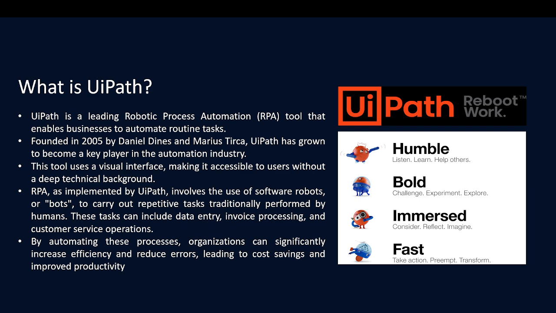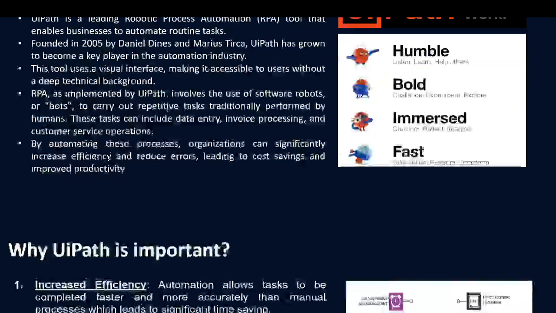This RPA carries out repetitive tasks traditionally performed by humans. These tasks can include data entry, invoice processing, and customer service operations. By automating these processes, the organization can significantly increase efficiency and reduce errors, leading to cost savings and improved productivity.